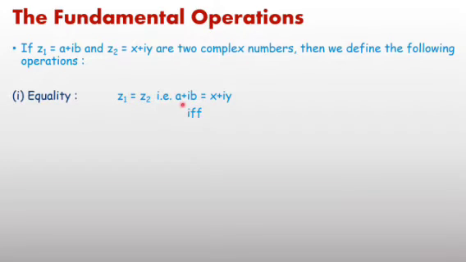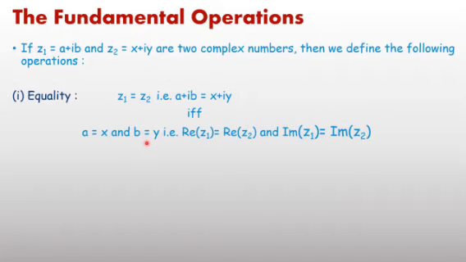Means z1 equal to z2 if and only if a equal to x and b equal to y. Means the real part of z1 equals the real part of z2 and the imaginary part of z1 equals the imaginary part of z2.